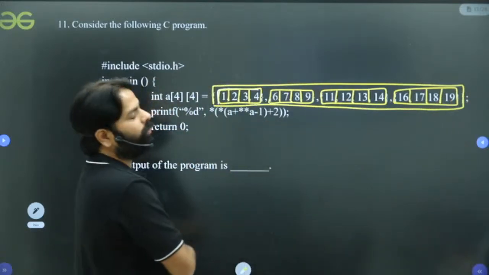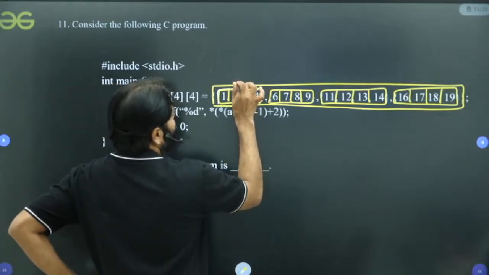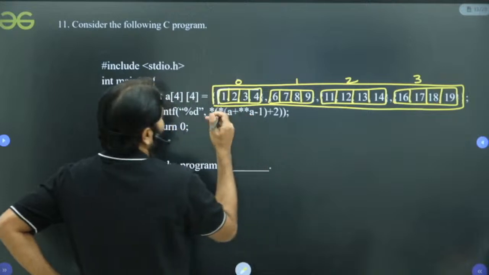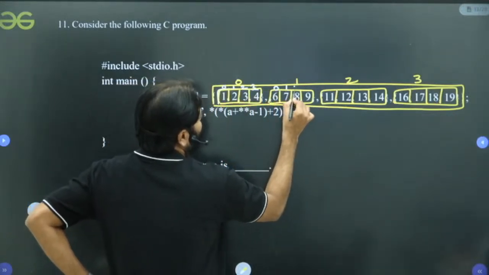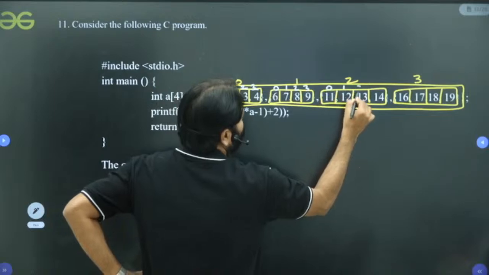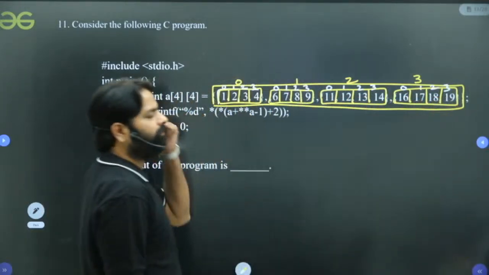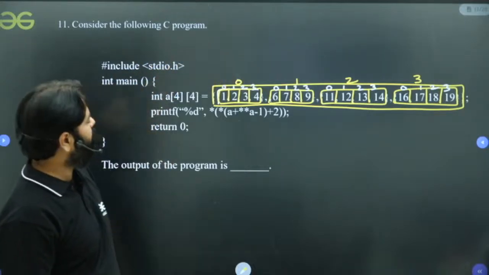It is called a 2D array. This has row index 0, 1, 2, and element number is 0, 1, 2, 3 in each row. Row number, and in that, element number.